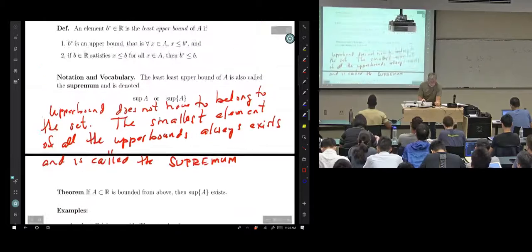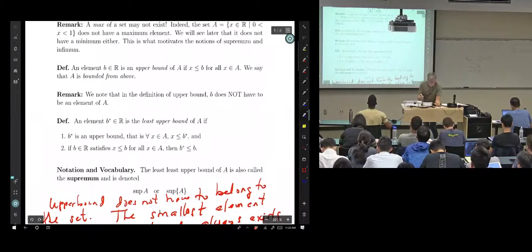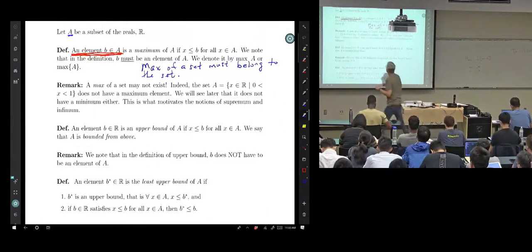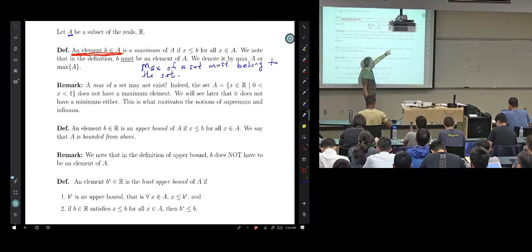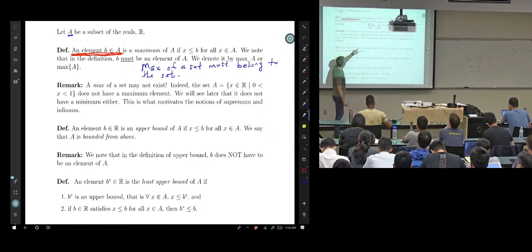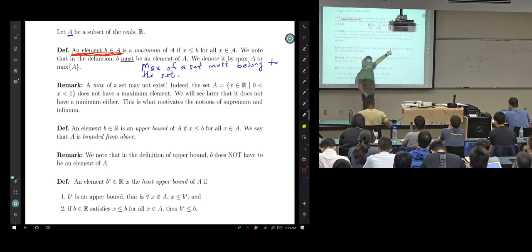And then we defined here an element of the reals is an upper bound if x is less than or equal to that for every x. And so there is no element of the reals that satisfies this. Just add 1 to it and it would fail.